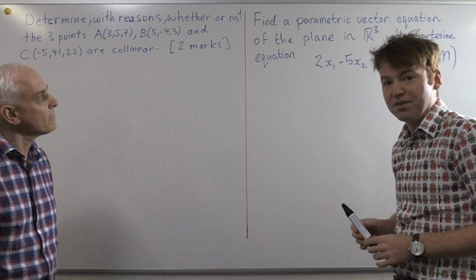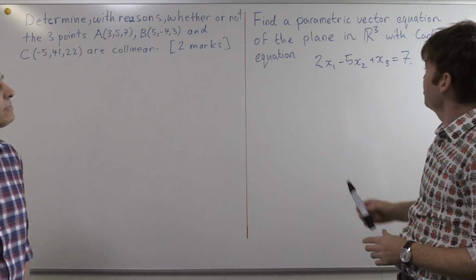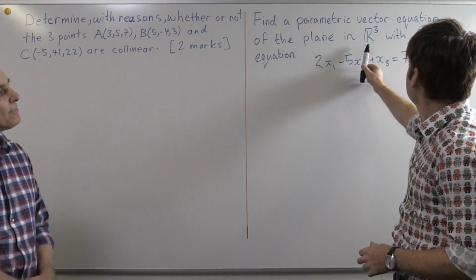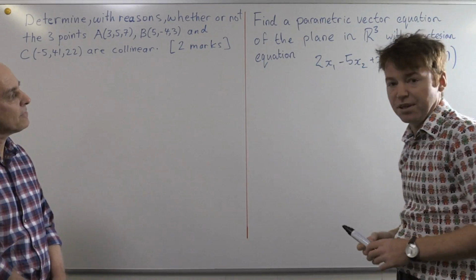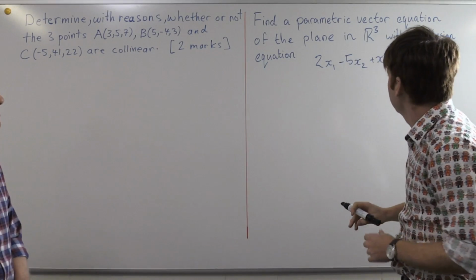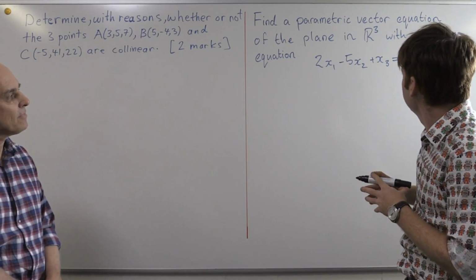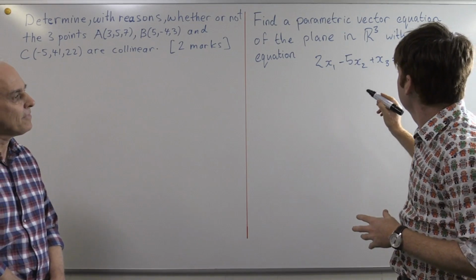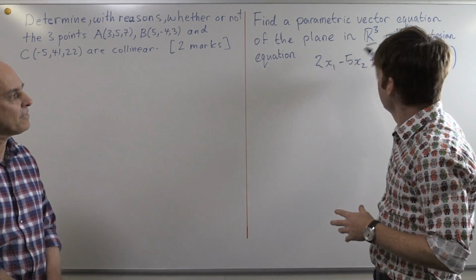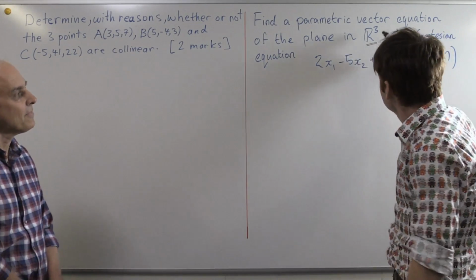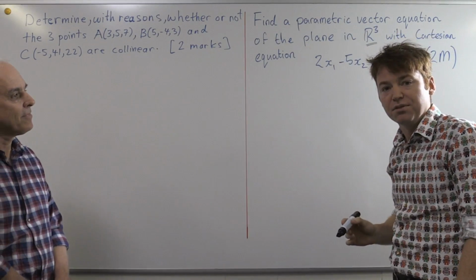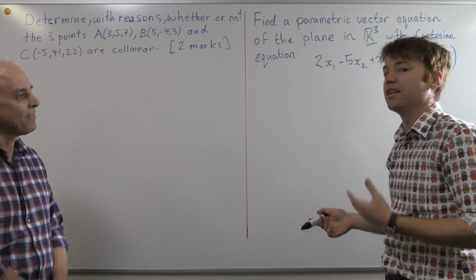So, the first question. Find a parametric vector equation of the plane in R3 with this Cartesian equation. First of all, I might mention that this bit's normally thrown away, but it actually tells you how many variables you're looking for. So you're looking for an x1, an x2, and an x3.